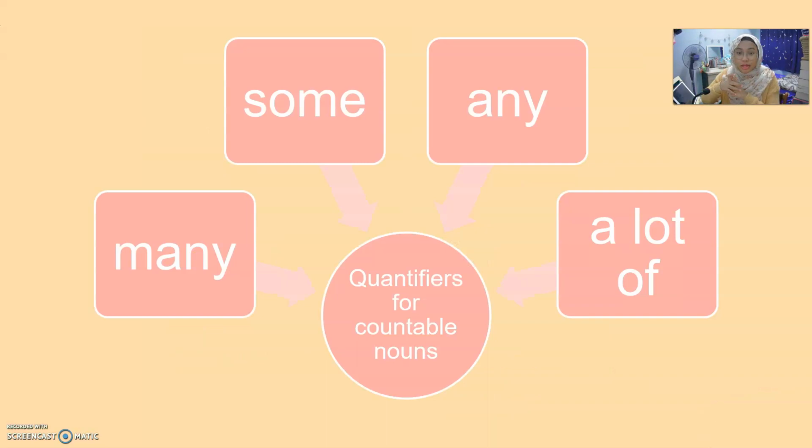Now, for countable nouns, we have quantifiers. We can use many, some, any, and a lot of. Might seem confusing now, but I have examples.